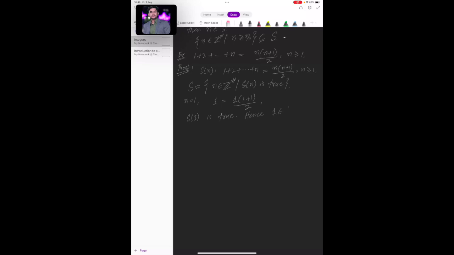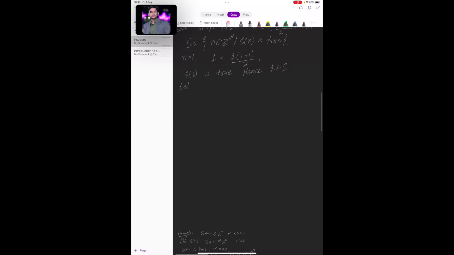Hence, 1 belongs to the set S. Now let n be an integer greater than or equal to 1, and suppose S of n is true, which will show that n is inside S.